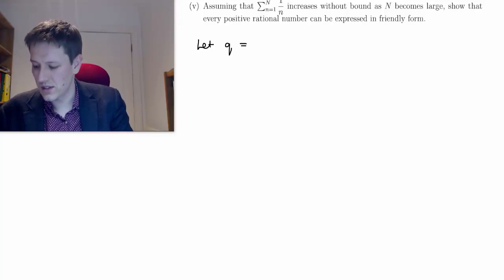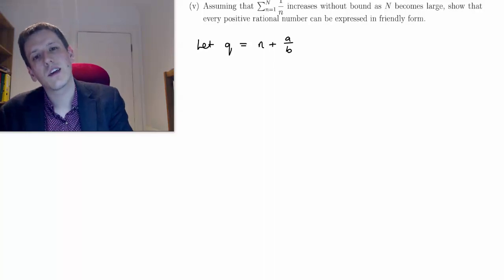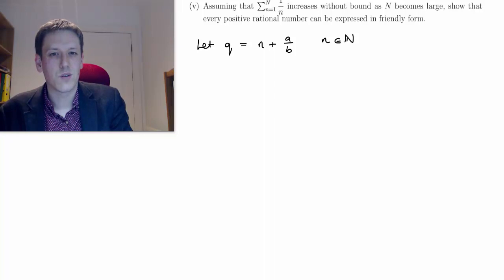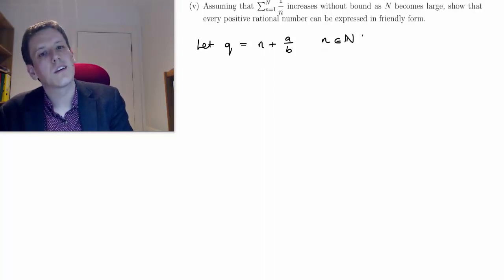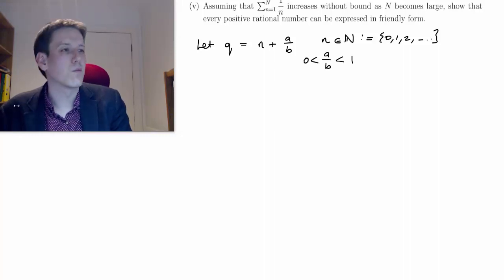In fact what I'm going to do here is write that as n plus a over b, where n is a natural number, so 1, 2, 3, 4, etc. I could also include 0 in my natural numbers here, just for completeness, and a over b is going to be between 0 and 1.